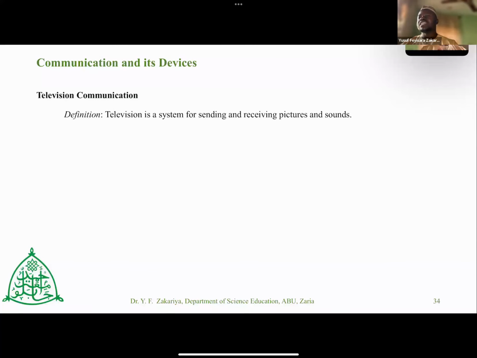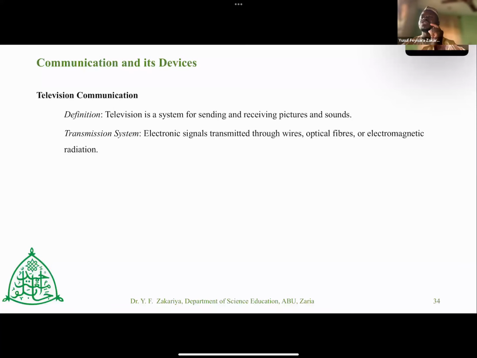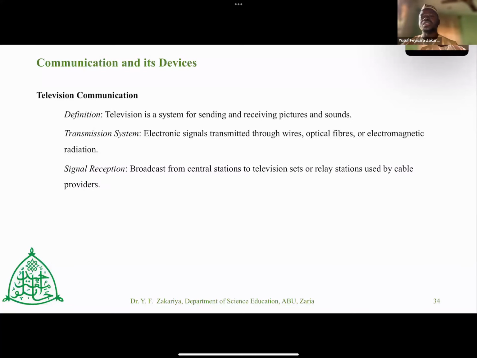So this is a system for sending and receiving pictures and sounds. Unlike radio, which is only for sounds, television carries both sounds and images. Then the transmission system is through electronic signals transmitted through wires, optic fibers, or electronic radiation.